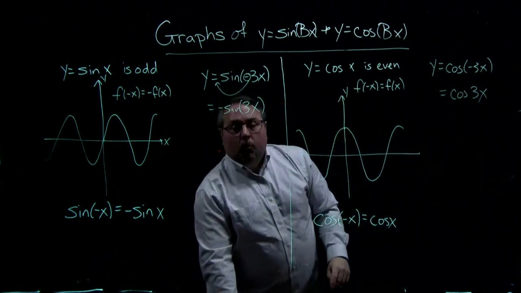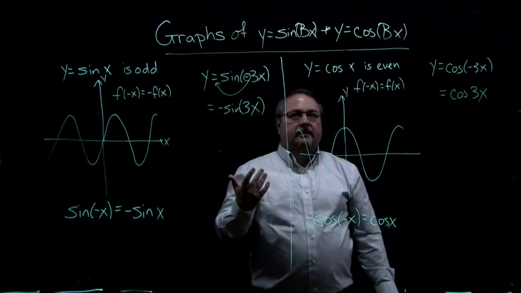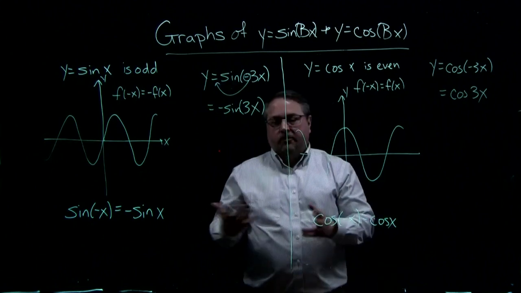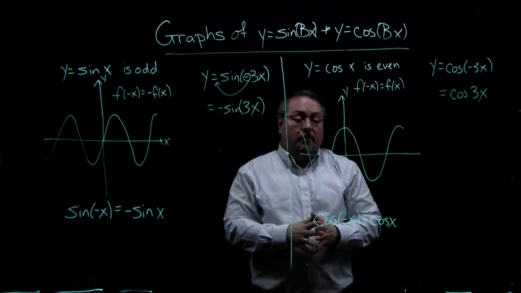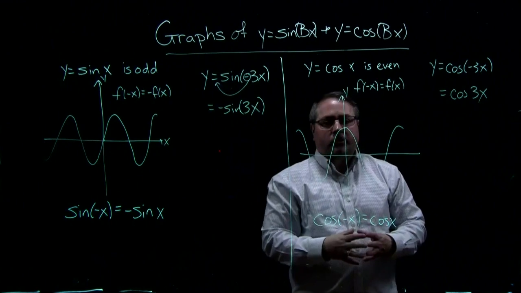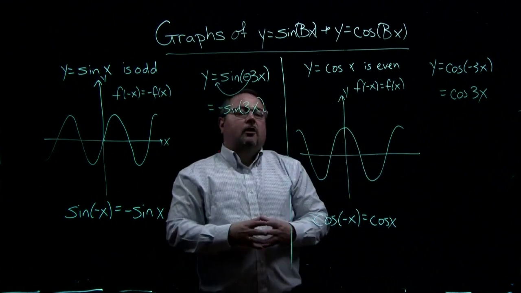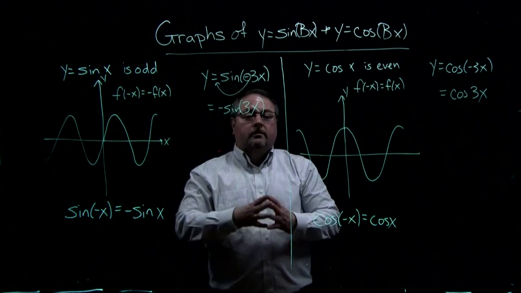So we never have to worry about a negative multiple of x inside a sine or cosine, because we can always use these even and odd properties to either pull the minus sign out or just delete it entirely. That's what allows us to generalize to b's that are less than 0.